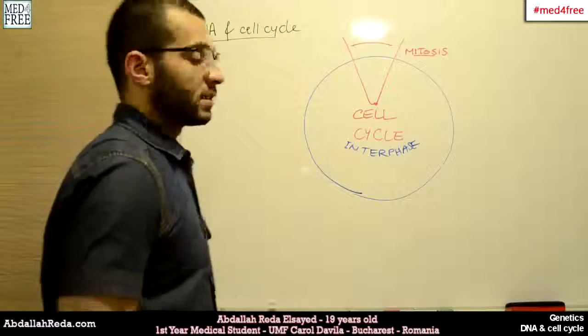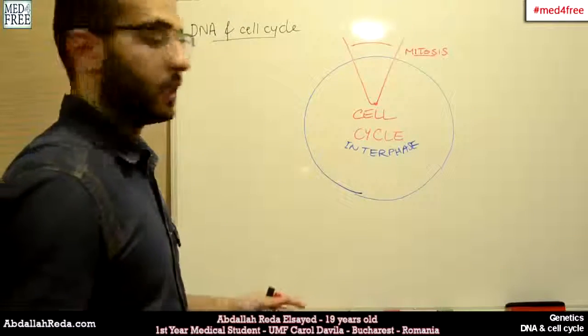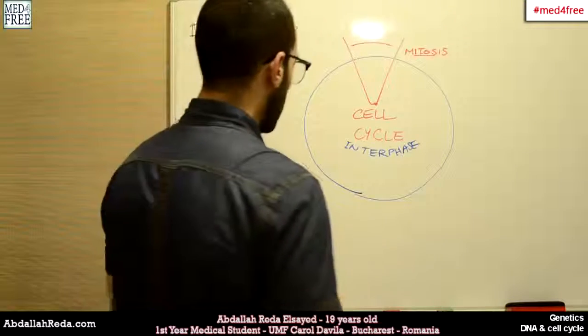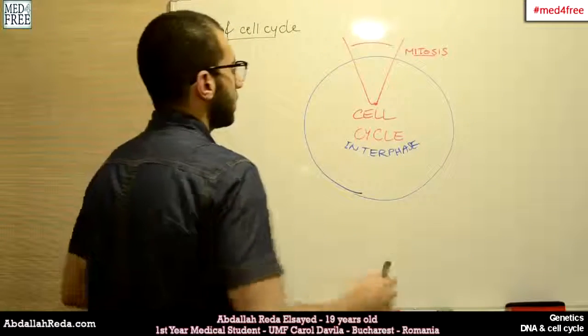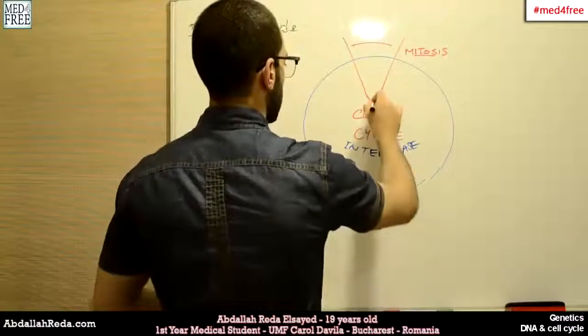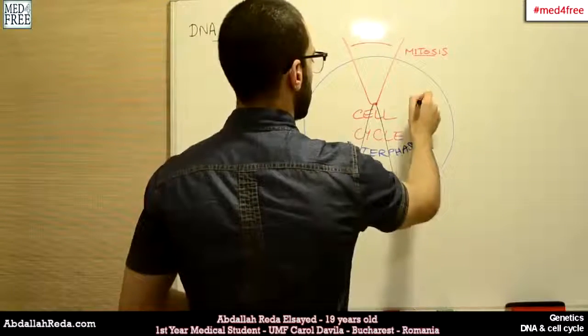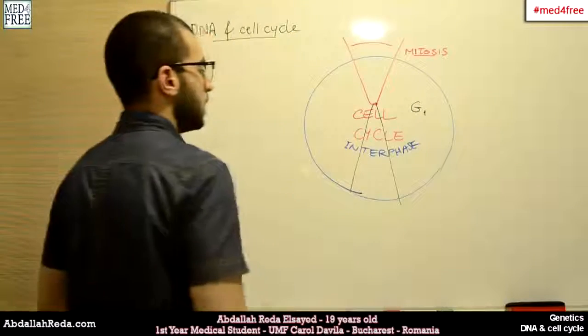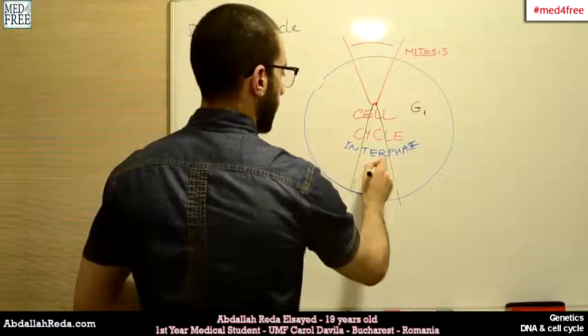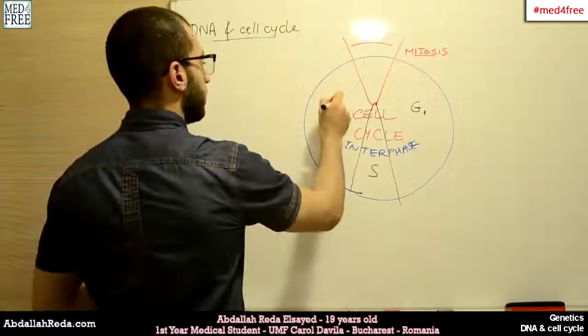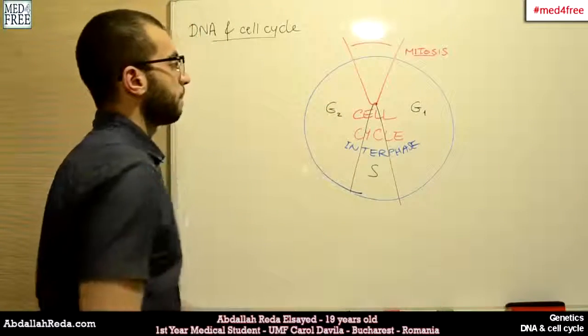Now the interphase itself is subdivided into other portions. We have a phase called G1 and a phase called S and another phase called G2. What does this mean?